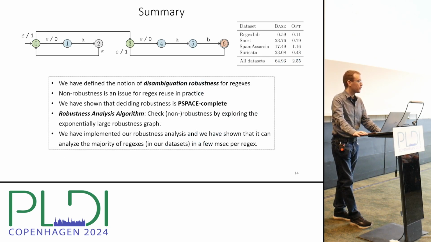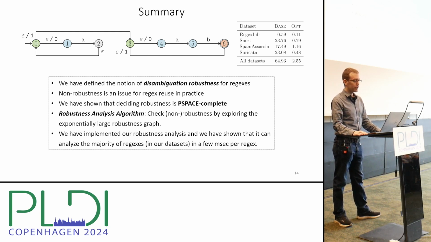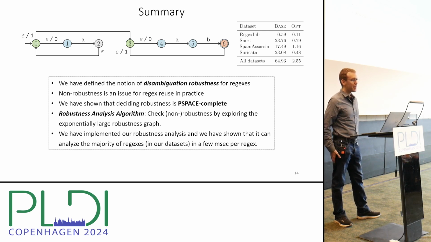I'd like to conclude with a summary of the main points of my talk. First of all, we have defined the novel notion of disambiguation robustness for regular expressions, and we have seen that non-robustness is an issue for reuse in practice.